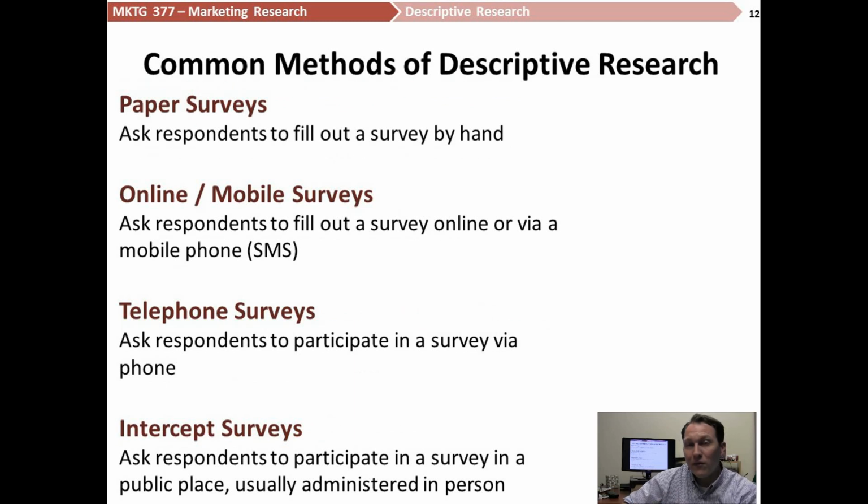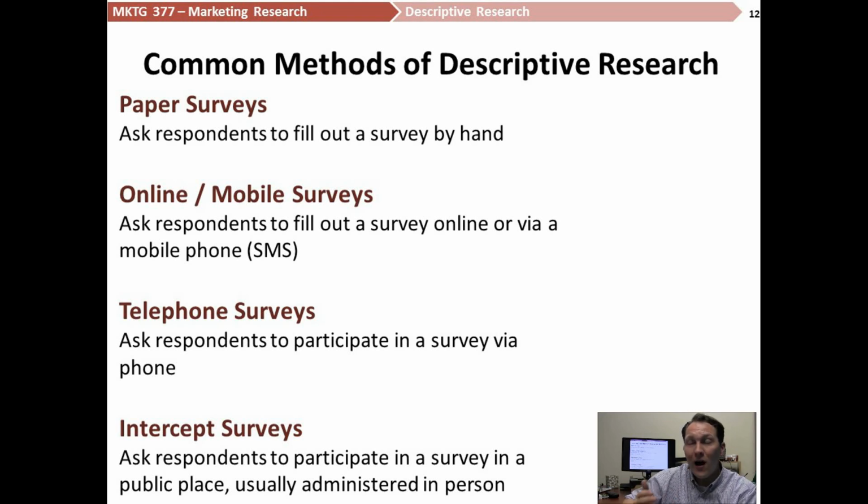The methods of descriptive research tend to center around the word survey. So paper surveys, which you fill out by hand with a pen or a pencil. Online or mobile surveys, which you can fill out on the internet or via your mobile phone, sometimes using text messaging or a mobile website.